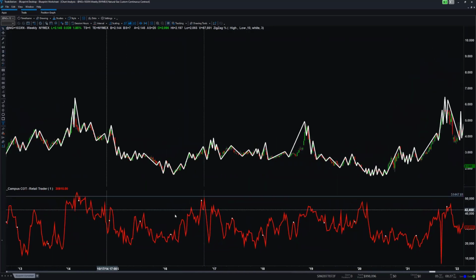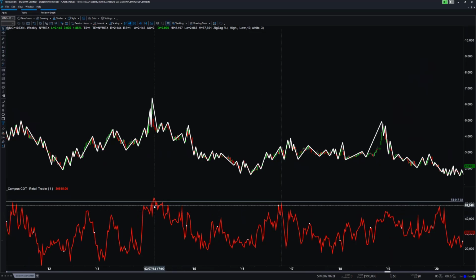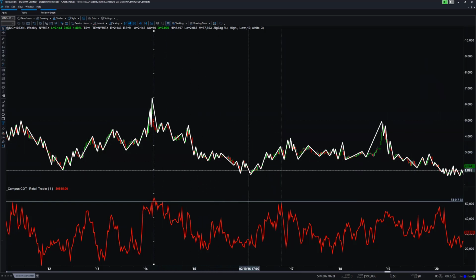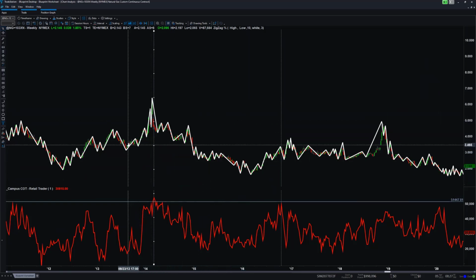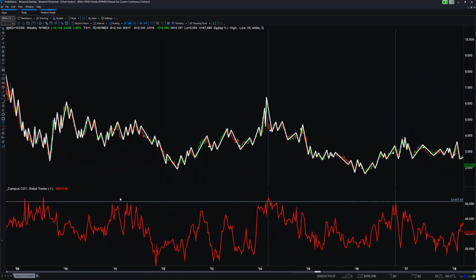But then where we really were at these extremes is here. Here it worked a little bit. Here it worked a lot. Right here it worked a lot. Here, eventually, we also turned into a bear market for at least a full year.